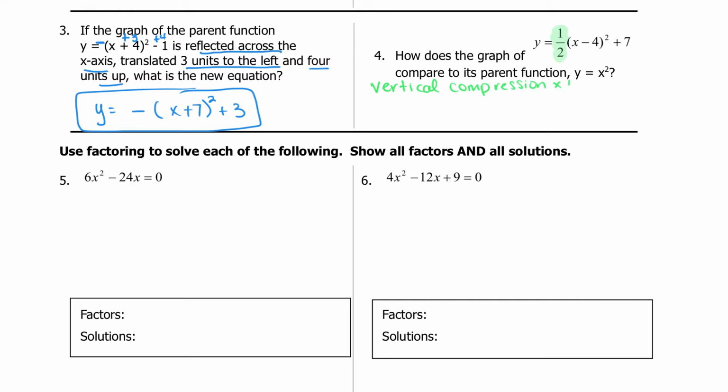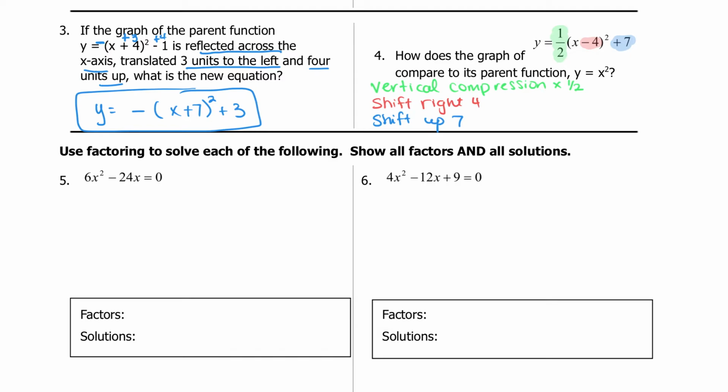Remember, anything that is between 0 and 1 is a compression, and an a value that's larger than 1 would be a vertical stretch. Then the minus 4 inside here is going to be a shift to the right 4. And then the plus 7 at the end represents a shift up 7.